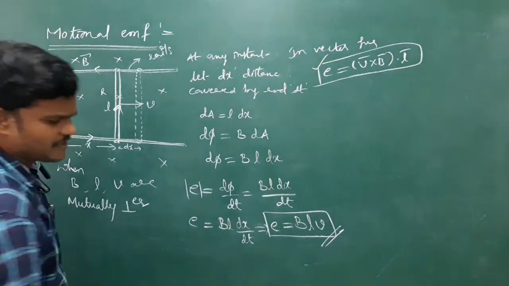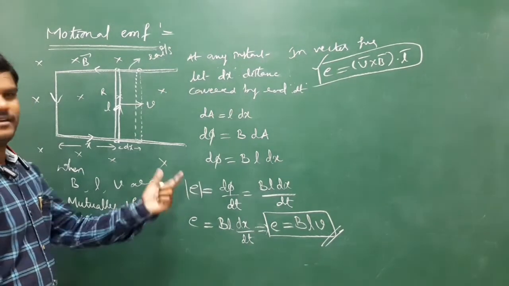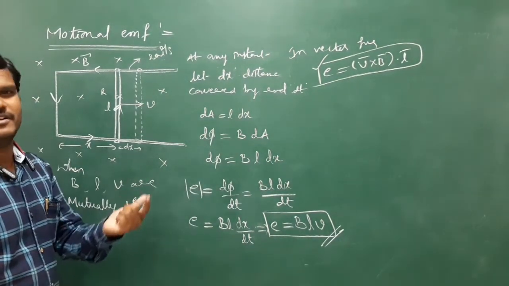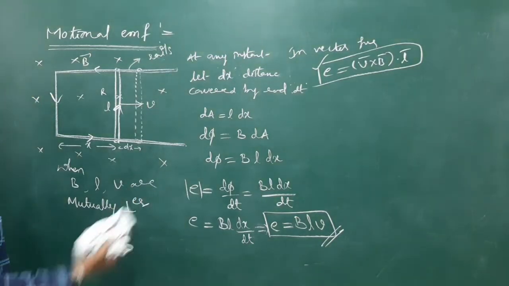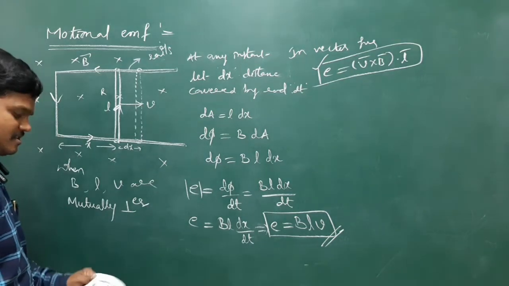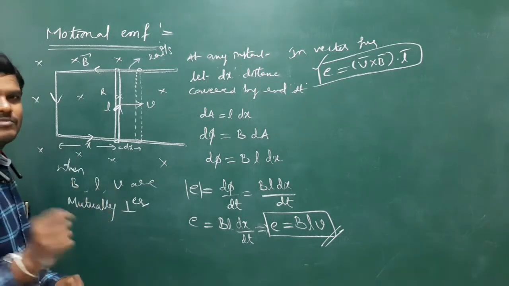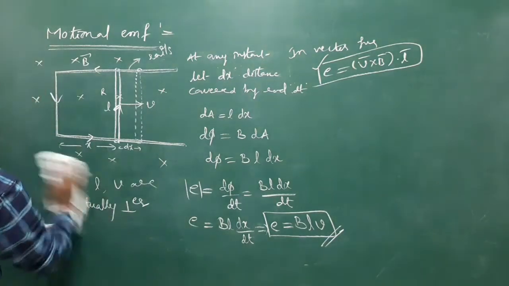There are plenty of applications based on motional EMF. The rod moves at some angle, perpendicular to the field or opposite to the field. We'll see some examples. Each and every example application is important for entrances, and by using that knowledge, we can solve problems from any type of book. So let me continue with some applications.